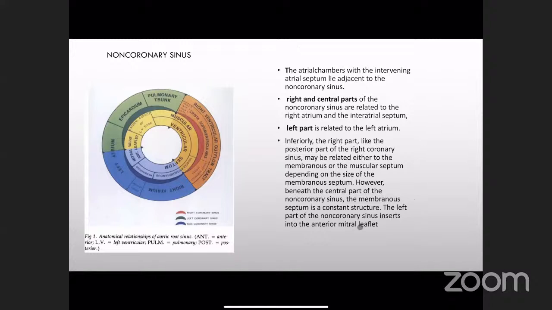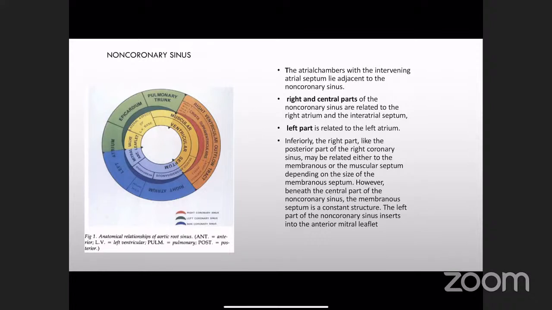The non-coronary sinus: the atrial chamber with the intervening atrial septum lies adjacent to the coronary sinuses. Right and central parts of the non-coronary sinus are related to the right atrium and interatrial septum. The left part is related to the left atrium.